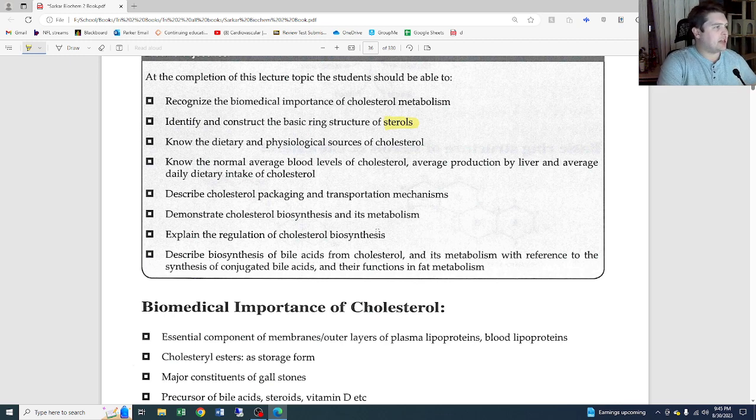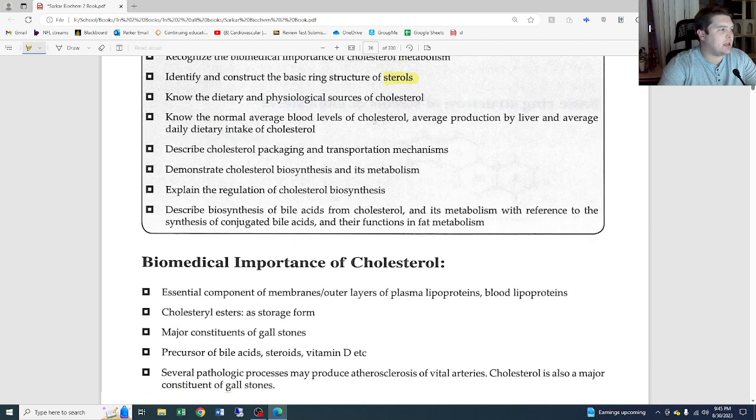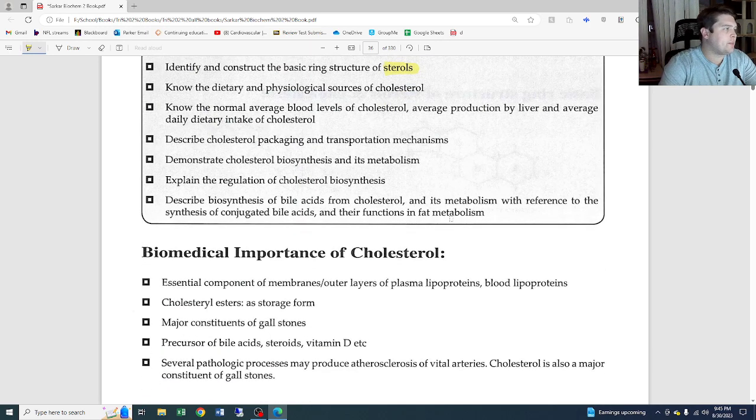Describe the cholesterol packaging and transportation mechanisms in the body. Demonstrate cholesterol biosynthesis and its metabolism. Explain the regulation of cholesterol biosynthesis. Describe biosynthesis of bile acids from cholesterol and its metabolism with reference to the synthesis of conjugated bile acids and their functions in fat metabolism.